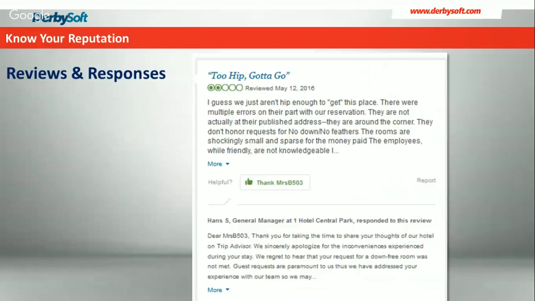Same thing goes with your reviews and responses. If somebody writes a review, it's important to be aware of that and make sure that you're involved in engaging that guest. Particularly this example, I like this one because they were talking about the hotel had no down, no feathers for the pillows. And you notice the response down here, very straightforward response, but also makes a point here.